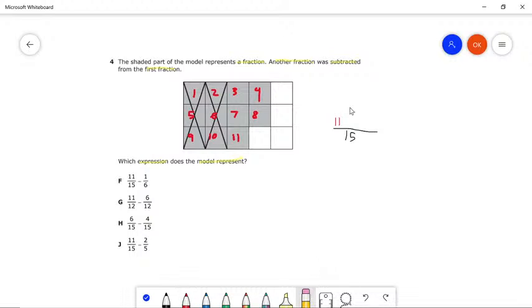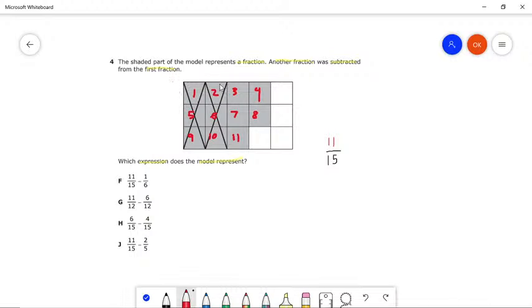Let me rearrange this. So 11 is our first fraction, and the top says another fraction was subtracted from the first fraction.